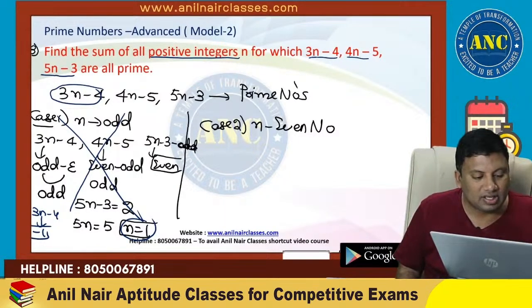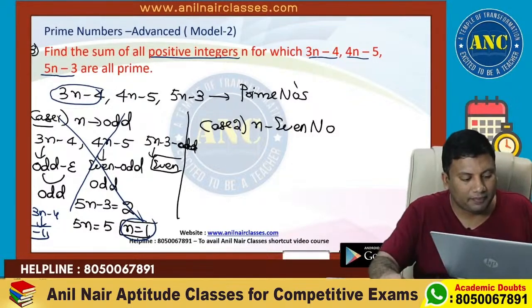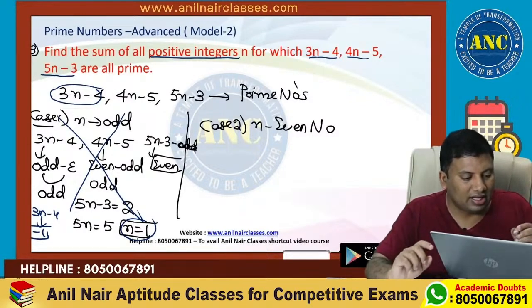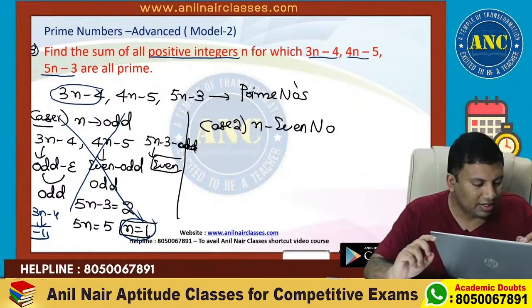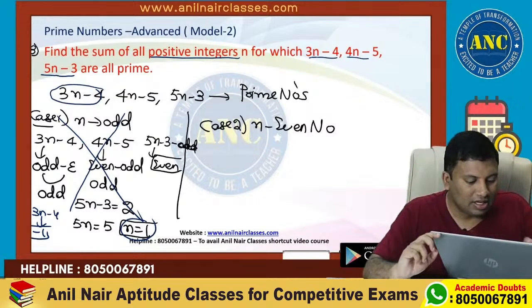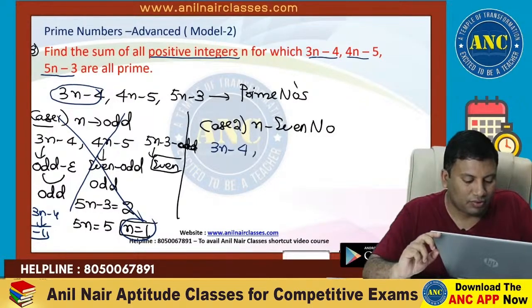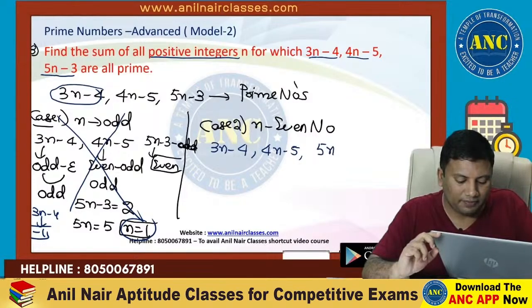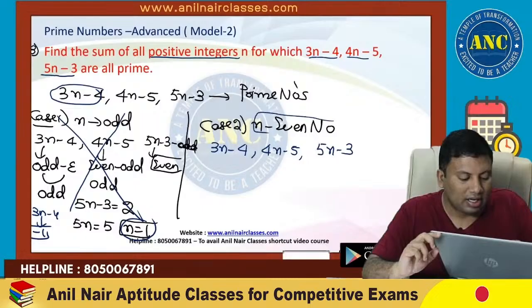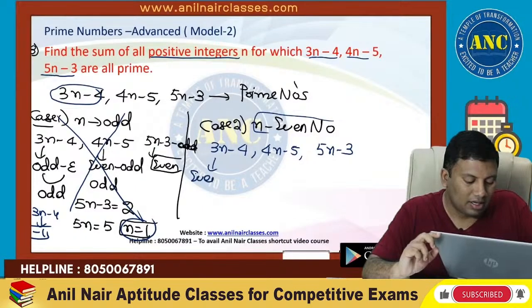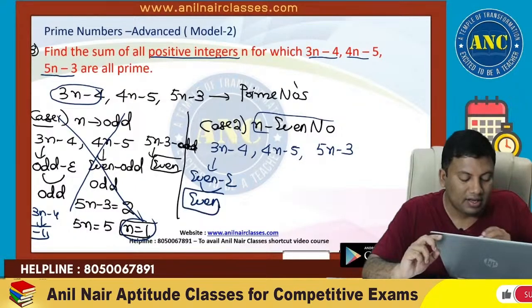Case number 2, n is an even number. So, if n is an even number, now if you see here, these 3n minus 4, 4n minus 5, 5n minus 3. n is an even number. Even into odd, even number. 4 into even number, even.